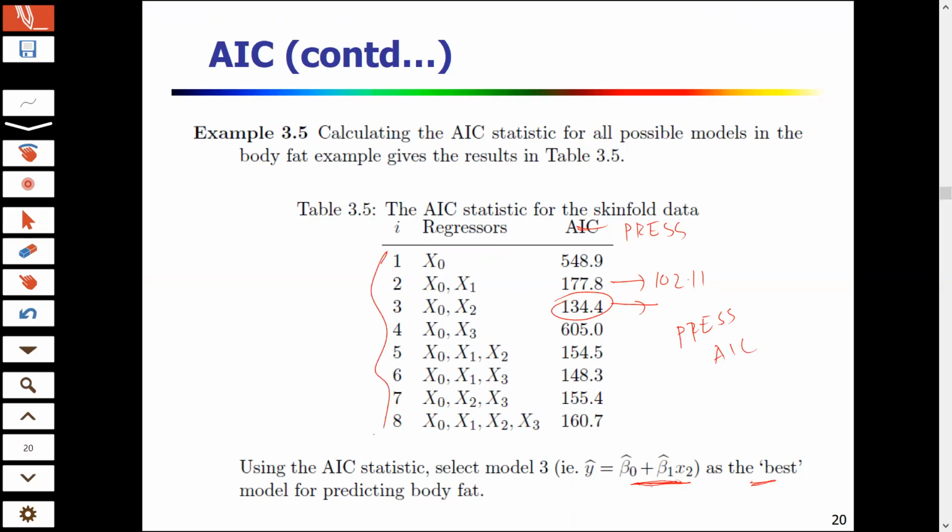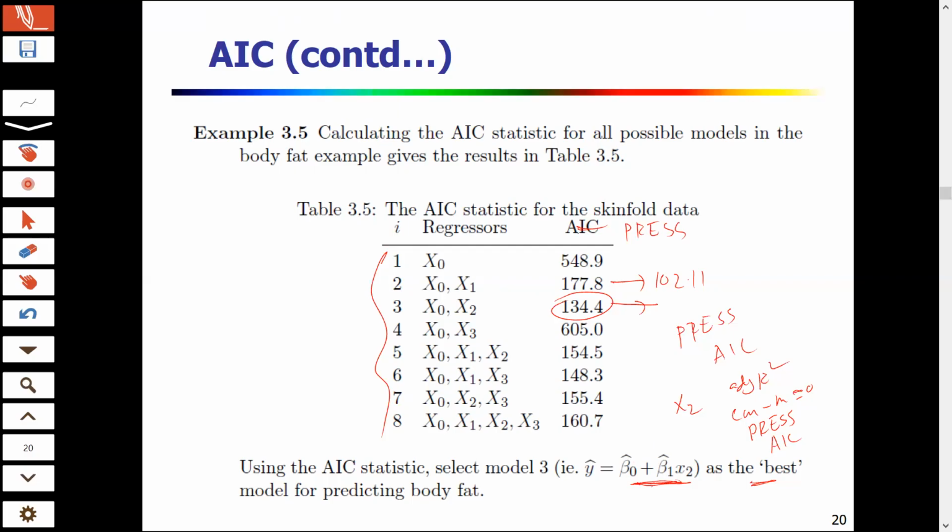So out of these 8 models, we can see the model that includes only X2 is the best model in respect of adjusted R square. CM minus AM is almost close to zero. It has the lowest press and it has the lowest AIC. So we can select this as the best model.